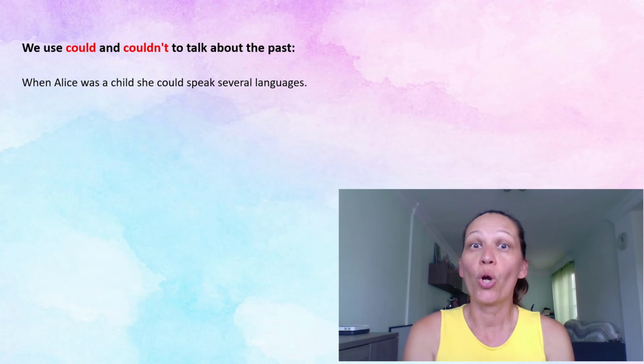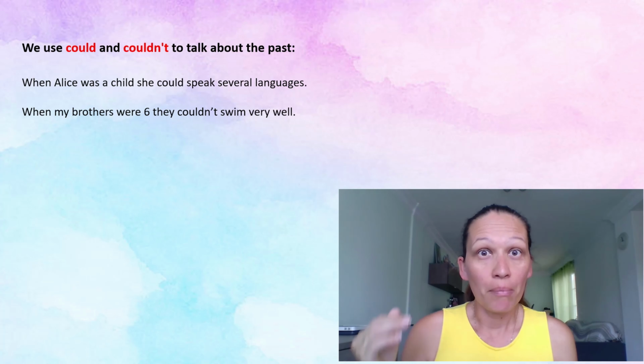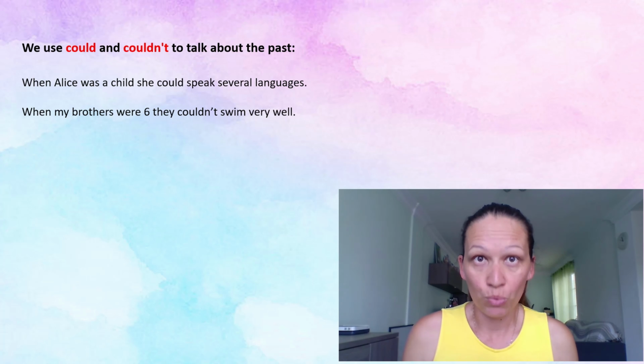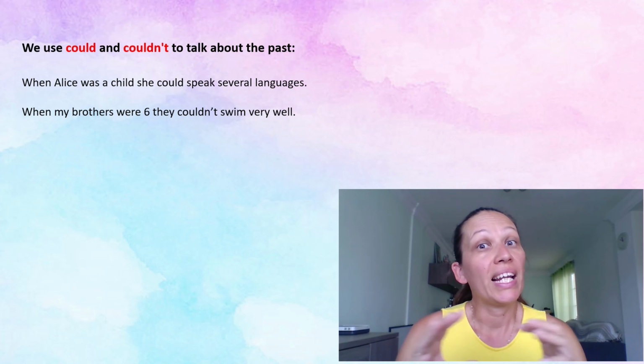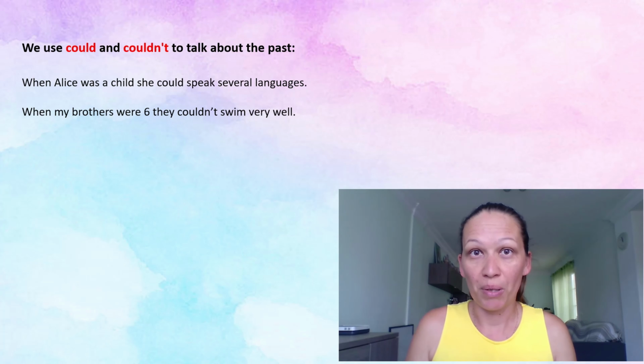So we're talking about her past. Or when my brothers were 6, they couldn't swim very well. Now they are big boys and they swim pretty well, but when they were little, when they were 6, they couldn't swim. They didn't have this ability to swim.